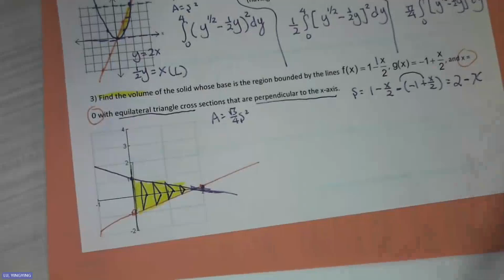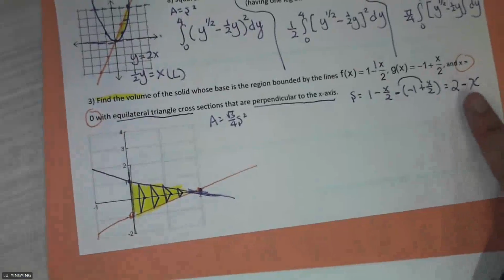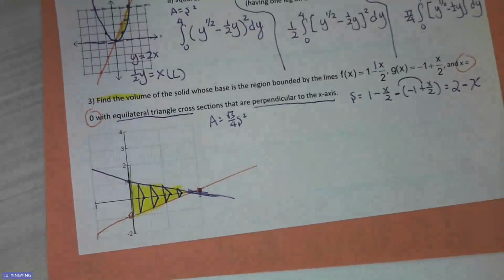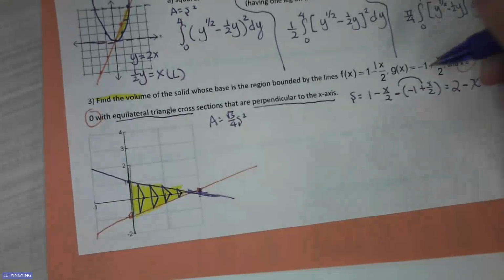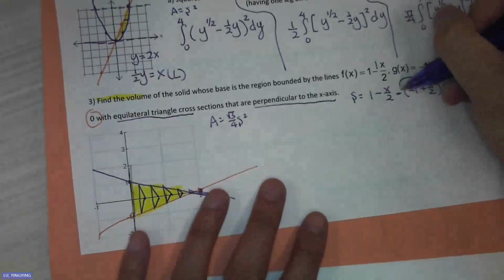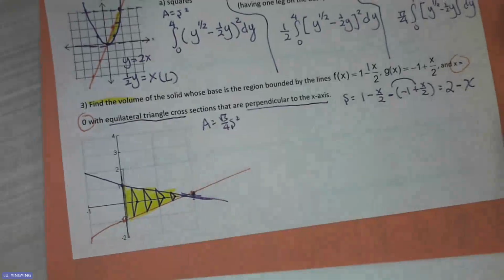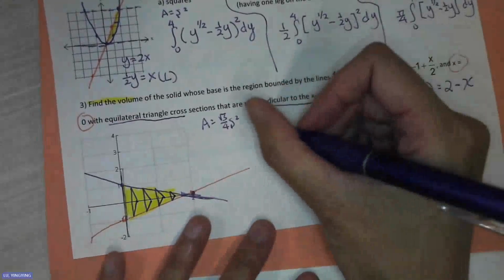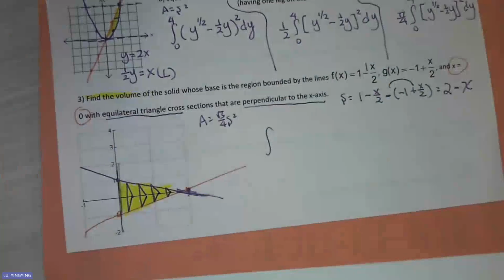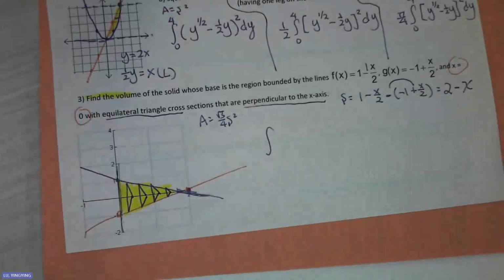Simplify. You can integrate that. Yes? Or am I going too fast? What happened? You guys okay? It's minus x/2 minus another x/2 is minus 2x/2. Yeah. Simplify this. Okay, now what's my bounds? 0 to where? Oh, yes.